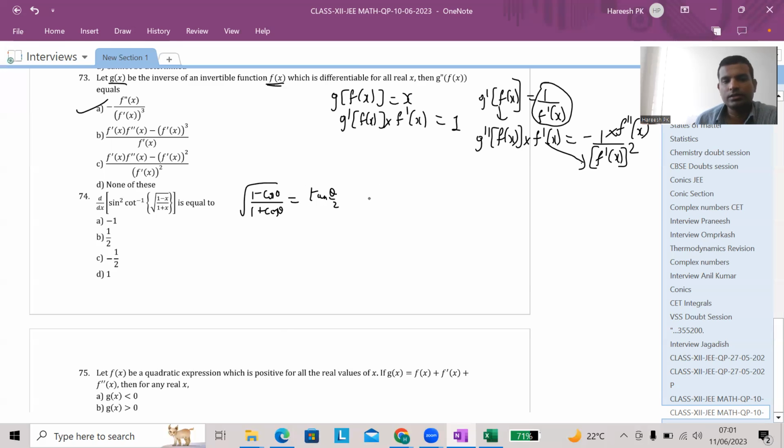So cot inverse, I can write tan theta by 2 as cot of pi by 2 minus theta by 2.